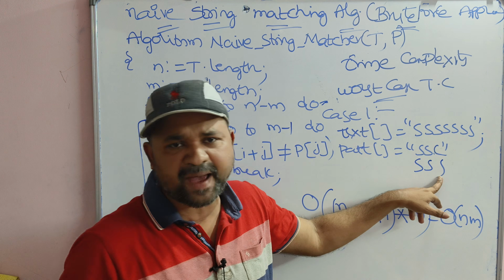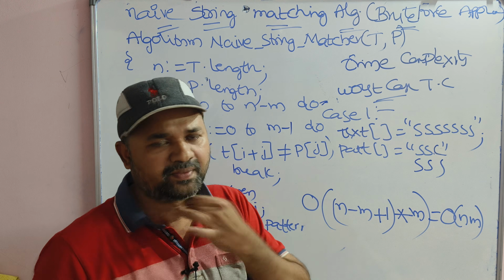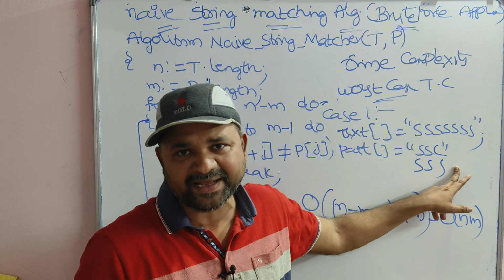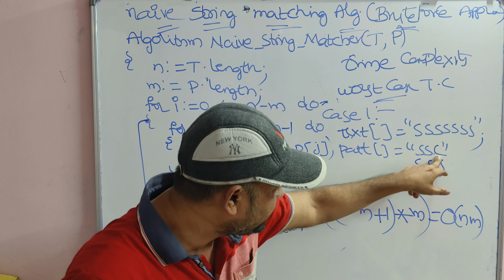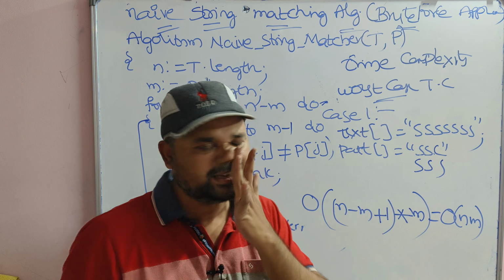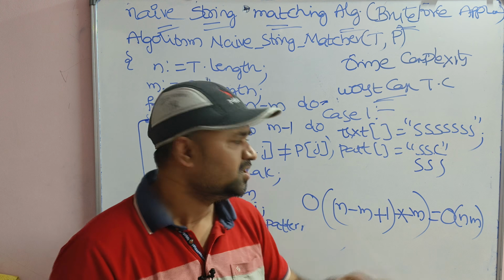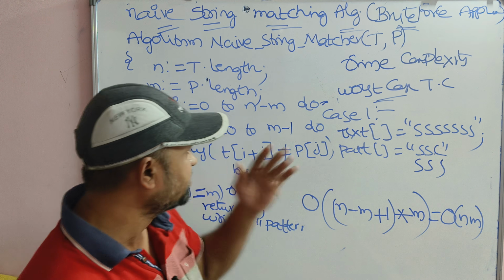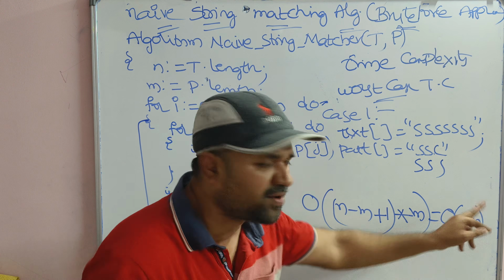Every character of the pattern matches with every character of the text. So there also in each iteration 3 comparisons were required. Here, S S C, the last character of the pattern doesn't match with the text. The last character is not present in the text at all. So here also in each iteration we will require the maximum comparisons. So this is the worst case. The worst case time complexity is order of nm.